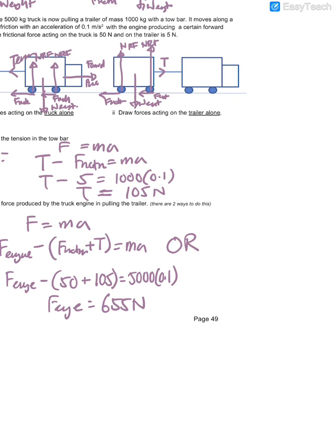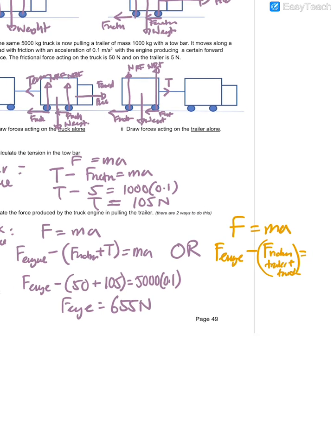Shahir, your turn will be to look at the whole system. So for your whole system, what's the force of motion? F engine. Then it should be minus the frictional force of both trailer and truck. Do we have to add in the tension? No, it cancels out.